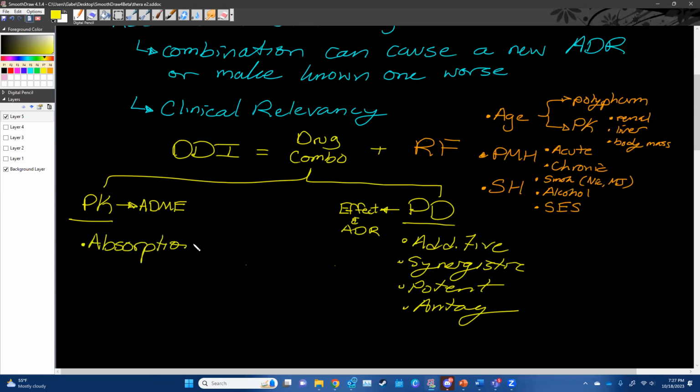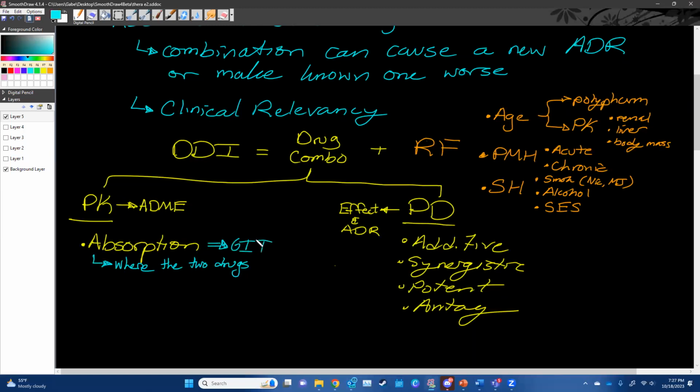For absorption, absorption is all about where the two drugs are. So when you think about potential absorption drug interactions, I want you to think about problems usually in the GI tract.